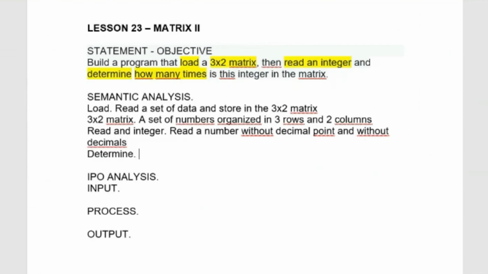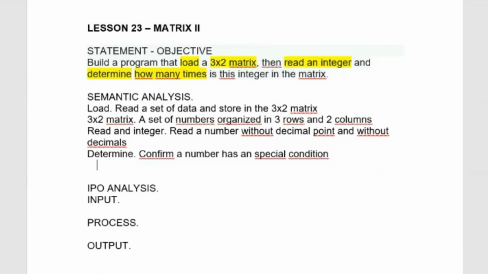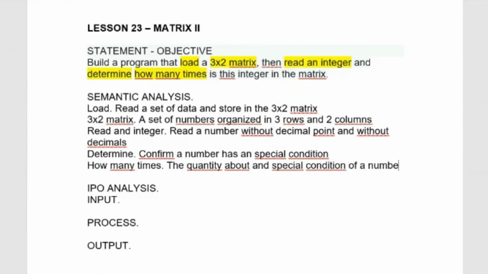Determine is confirm a number has a special condition. And how many times means the quantity about a special condition of a number.